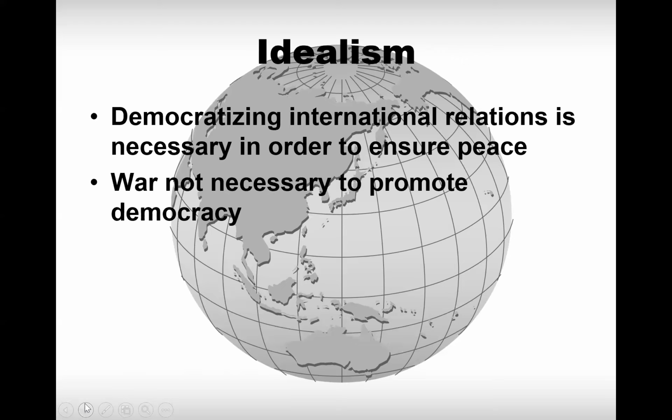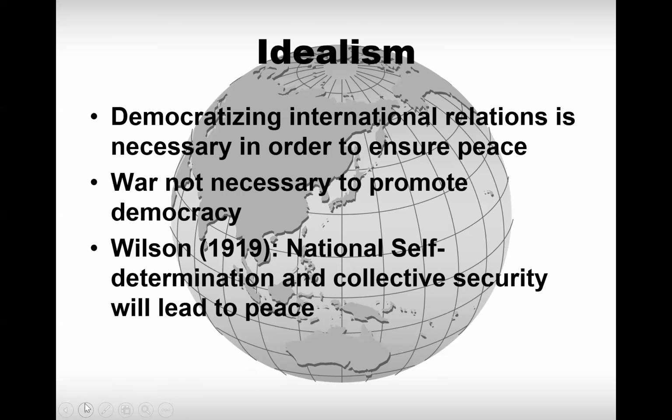So they differ from liberal internationalists in that they do not believe it is necessary to promote democracy through war. So war is not necessary to promote democracy. We should concentrate on democratizing the international system itself.